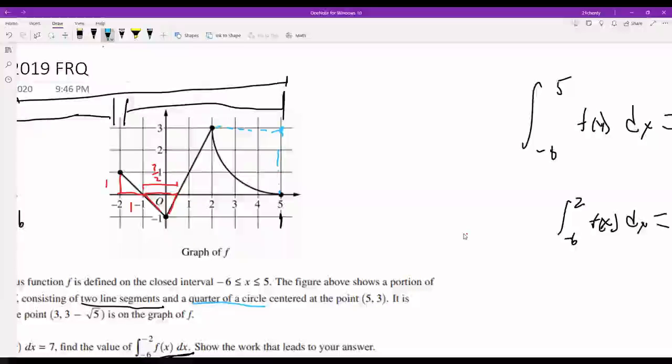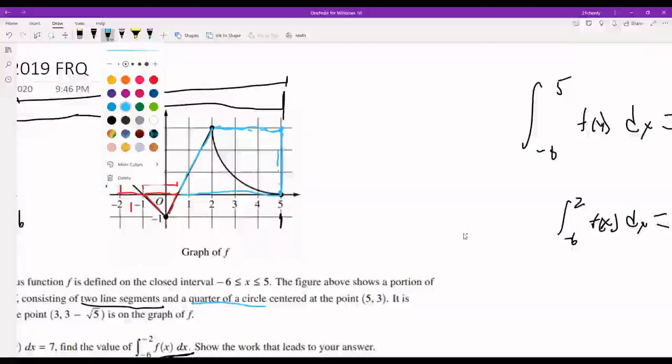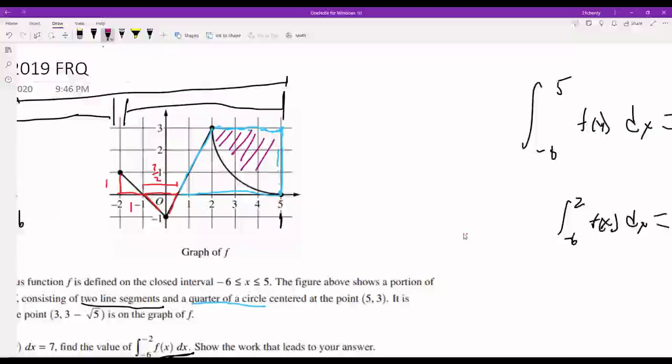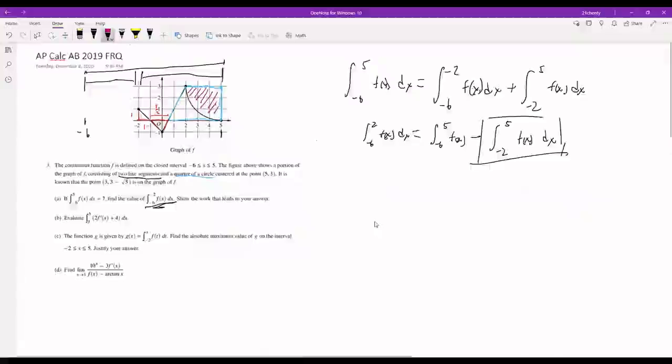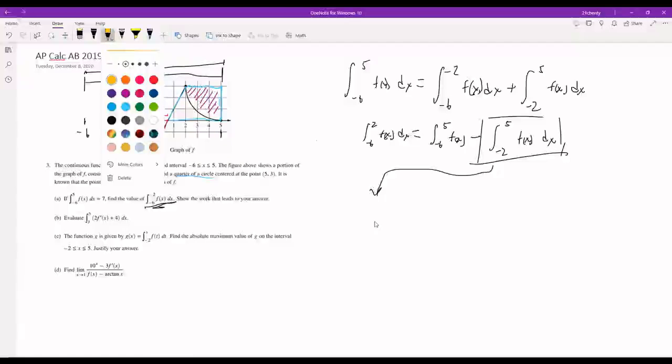So that makes this pretty easy because it's just a trapezoid minus this part, minus the quarter circle. So knowing that, we can zoom back out and see that, I'm gonna make this fancy. Change the color to yellow.